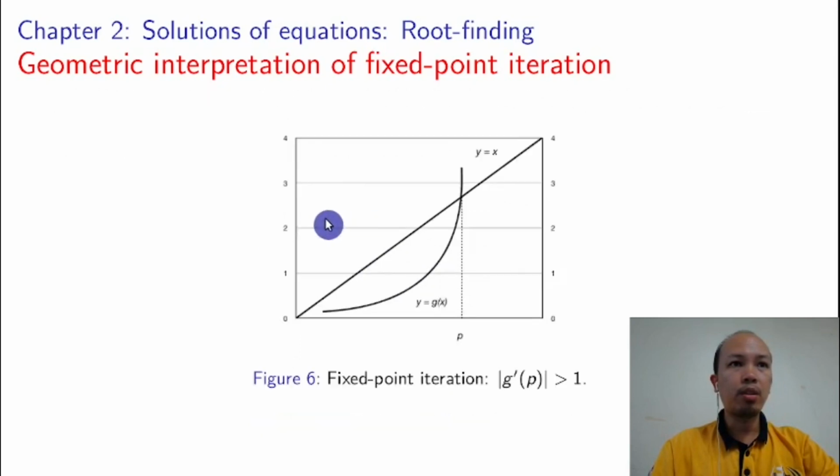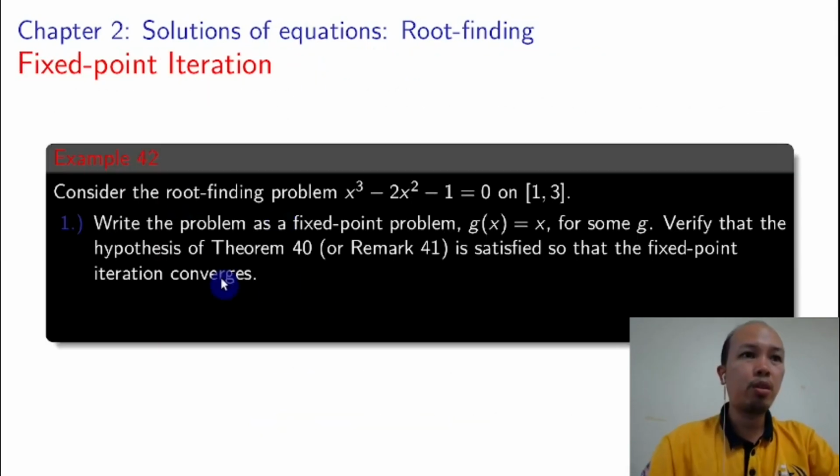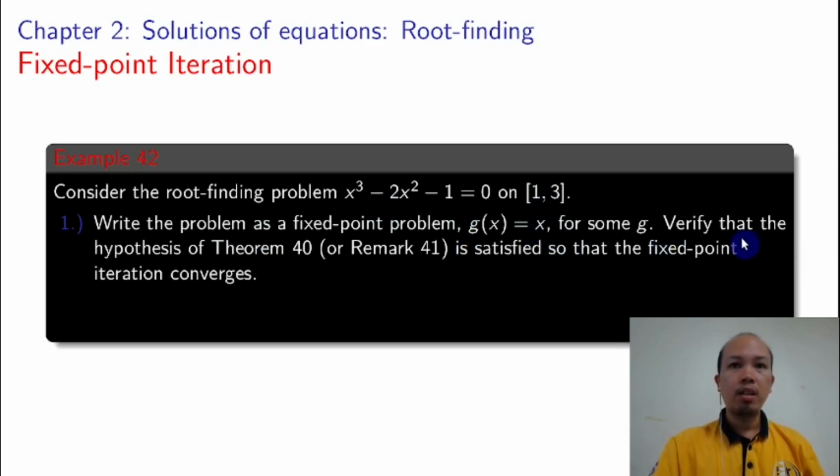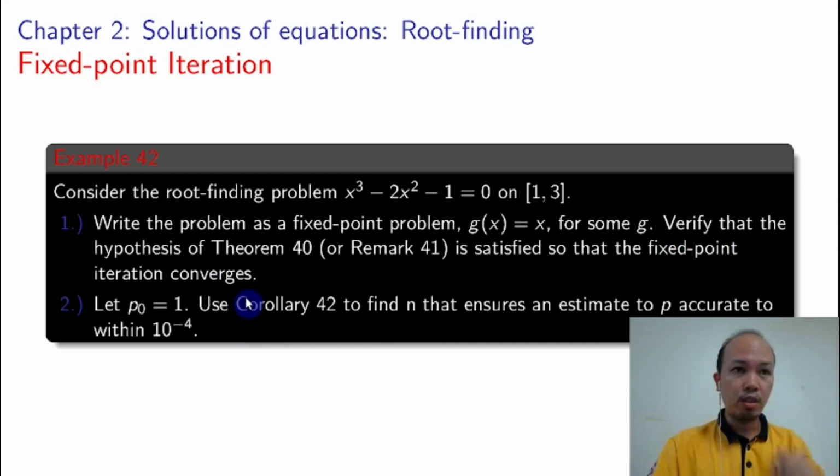Okay, so next, before this one, let's forget this one. Let's move to example 42. Let's illustrate first theorem 38. Consider the root finding problem x cubed minus 2x squared minus 1 is equal to 0 on the closed interval [a, b]. Write the problem as a fixed point problem, g of x is equal to x for some g. Verify that the hypothesis of theorem 40 or remark 41 is satisfied so that the fixed point iteration converges.